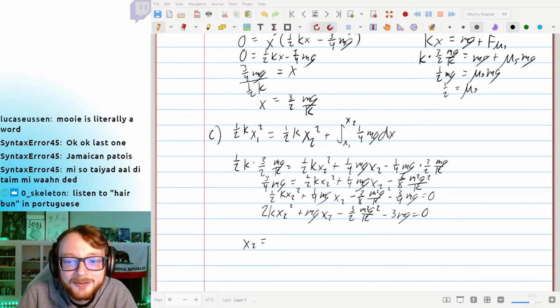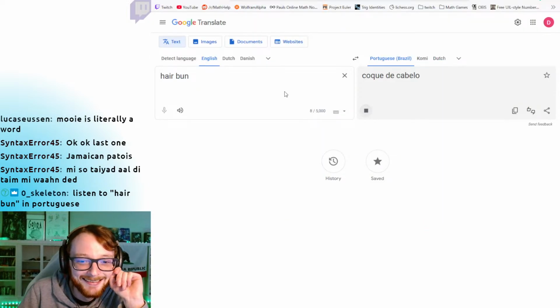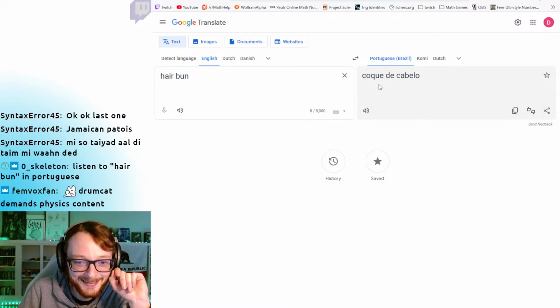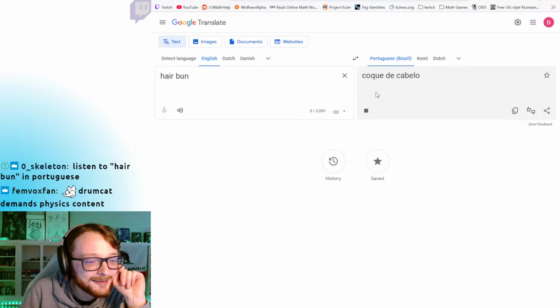Hair bun. What the hell? Portuguese trips me out, because the sounds the letters make are completely different from English, yet the alphabet is so similar. Corte de cabello?